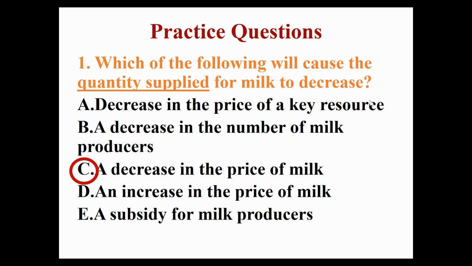If we graph this one, it says which of the following causes the decrease in quantity supplied? That would mean the price fell and we slid downward to here, and that would be a decrease in quantity supplied. Okay.